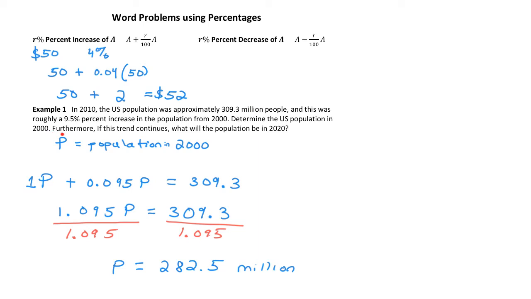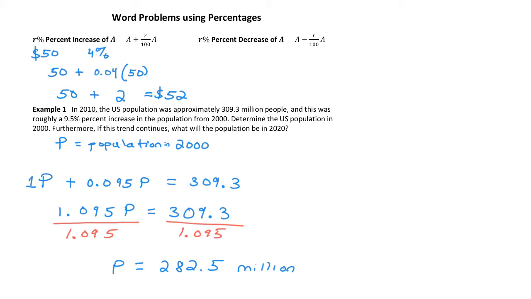So there's a second part to this question. It says, furthermore, if this trend continues, what will the population in the year 2020 be? So essentially what I'm going to do is take this 9.5% and apply it to the 309.3 million people. So that would take us from 2010 to 2020.